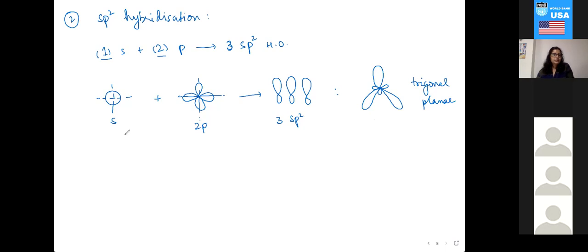Just like we discussed for sp, how much is the percentage s character in this, and how much percentage is p character?